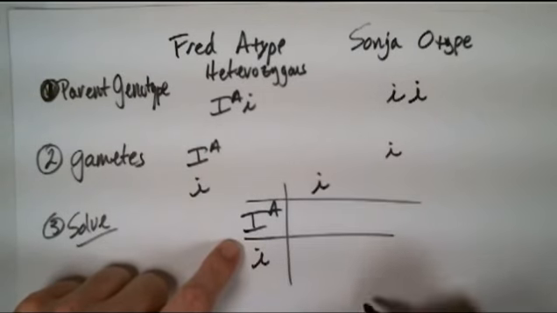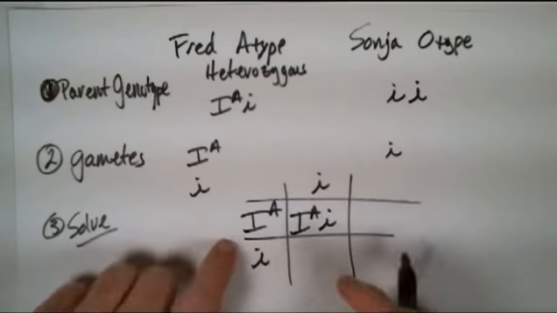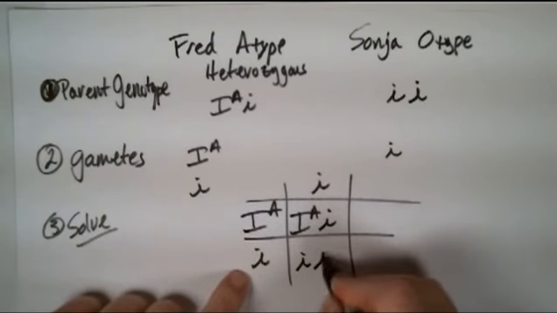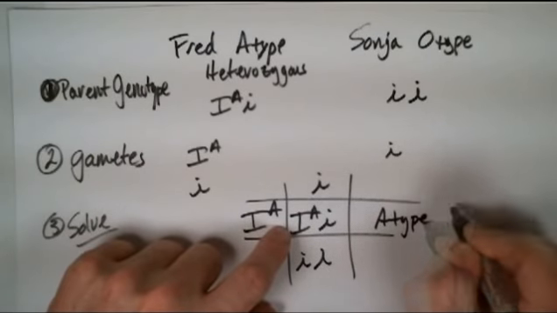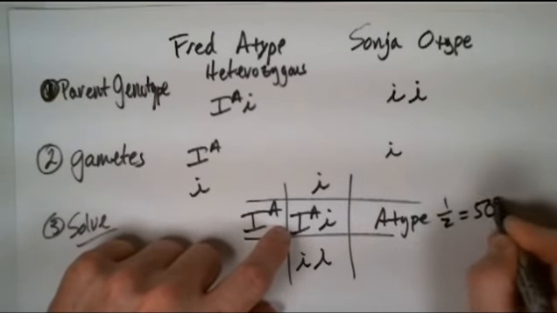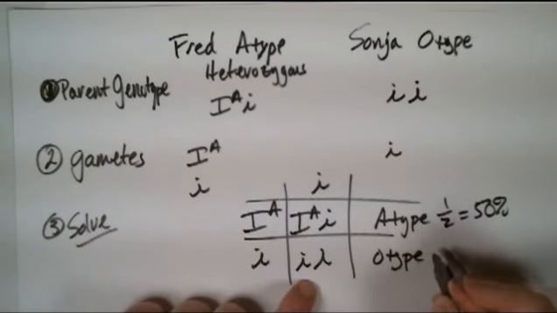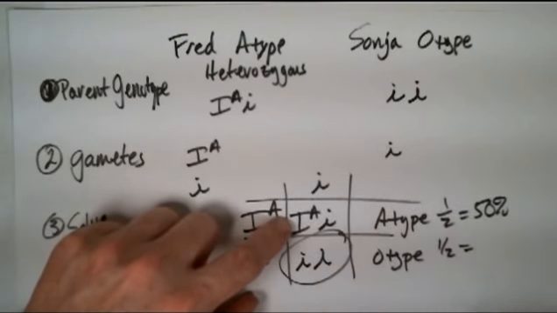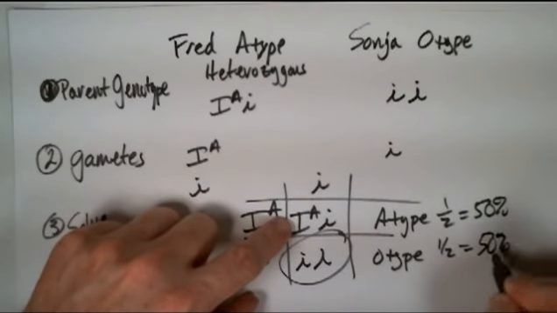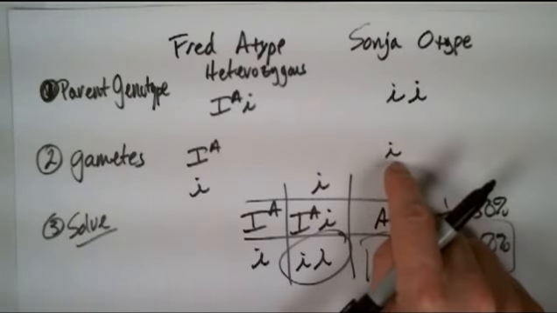Sonia only produces one, so I have that possibility, and then I also have this possibility. Here, this is A-type blood. It's 1 out of 2, or 50%. Here, this is O-type blood. Half of the time, 1 out of the 2 possible, that's 50%. That's the correct answer. You've got to watch on the ABO blood group using that lowercase i.